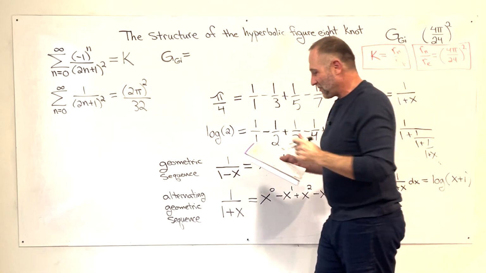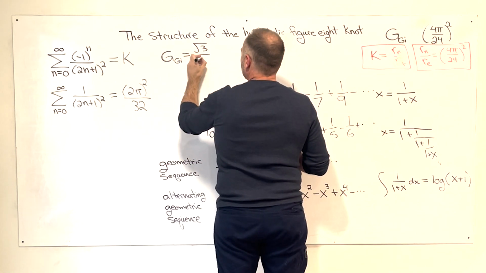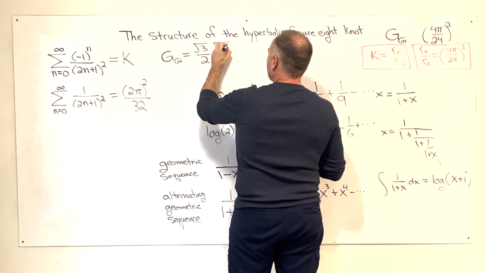Yeah. So first I'll break it up like this. Square root of 3 over 2. That's one piece. Another one is, I'll explain why I'm breaking it up like this, square root of 18 over 8.